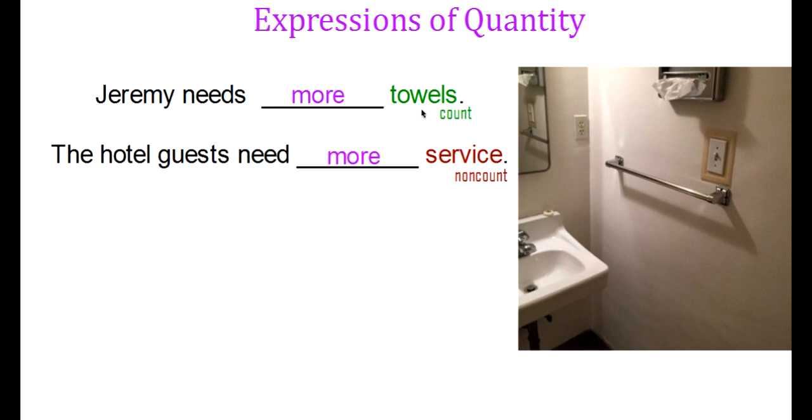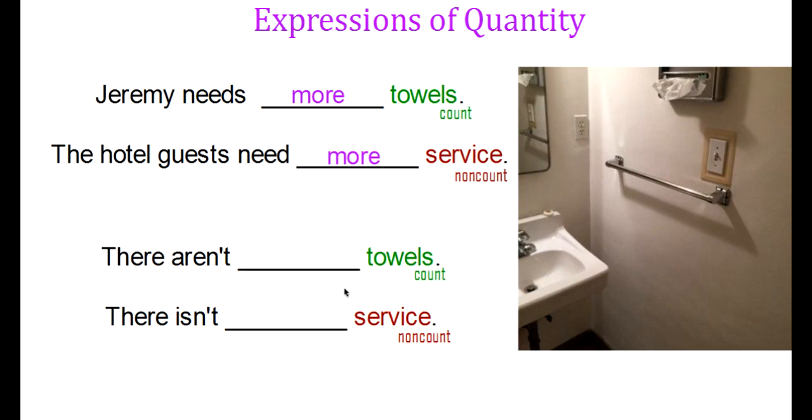Now, Jeremy needs more towels because there are not sufficient towels. There aren't enough towels. This word means sufficient. And notice over here we have a negative. There are not enough. We can also use the word enough with a non-count.